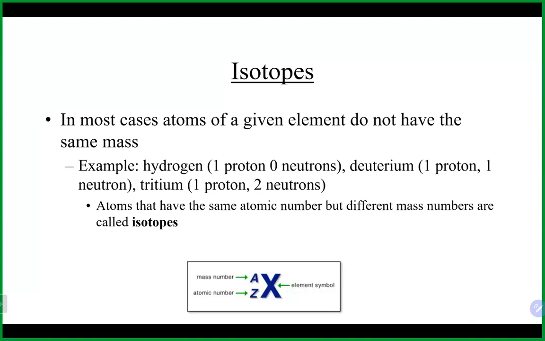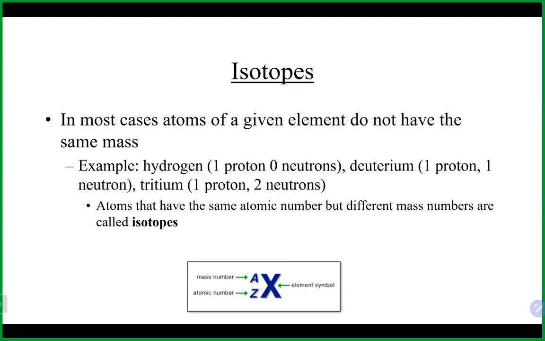Protons, electrons, or neutrons? The protons cannot change, right? Because if they are the same element, they got to have the same number of protons. So really what changes and what will affect the mass of it is the other thing that's really the massive particle, which is the neutrons. So isotopes will be the same element, but they will have different numbers of neutrons, which is why they have different masses.